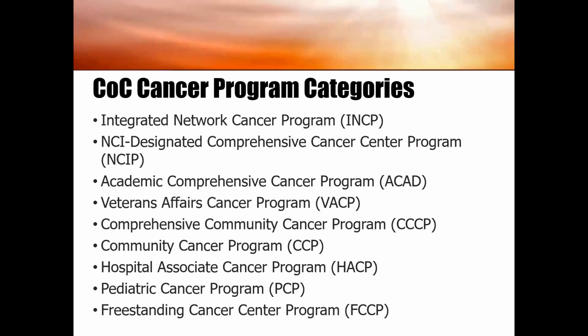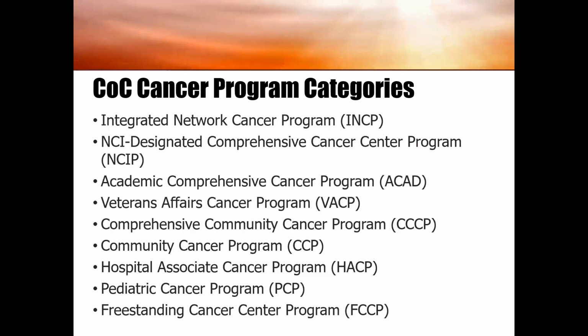So what I've seen most often, the freestanding cancer center programs are usually the radiation oncology clinics, or not necessarily clinics, but radiation treatment centers where all they offer is radiation therapy, and that would be a freestanding cancer center program.